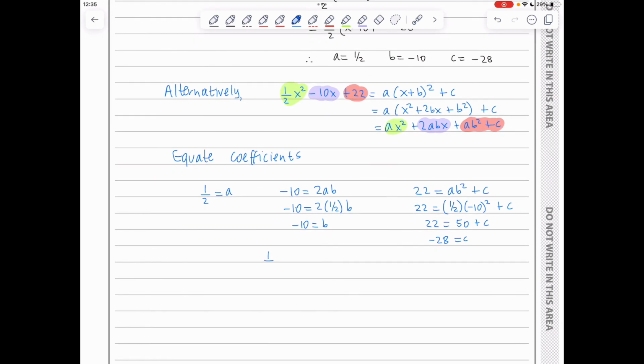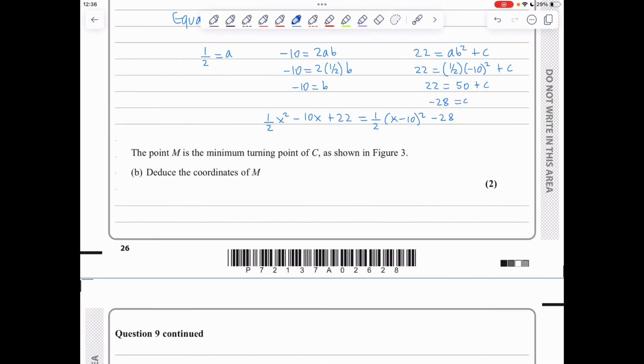So we've got that a half x squared minus 10x plus 22 is equal to a half times (x minus 10) squared minus 28. Now the point M is the minimum turning point of C as shown on the figure provided. We know that the equation of the curve was y is a half x squared minus 10x plus 22, which we have shown can be written in the form a half times (x minus 10) squared minus 28.